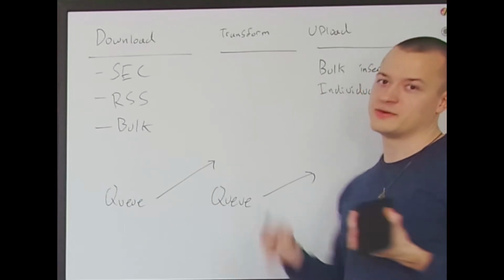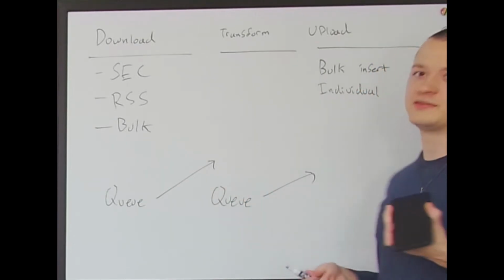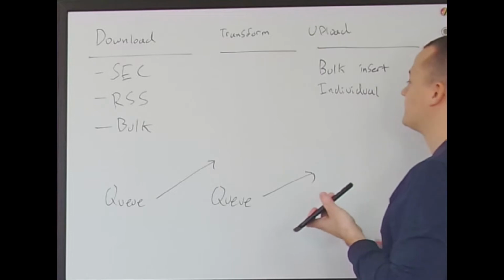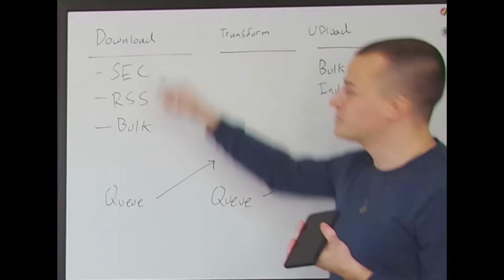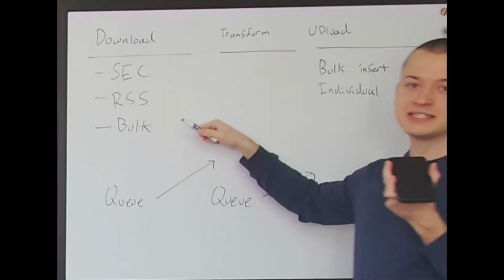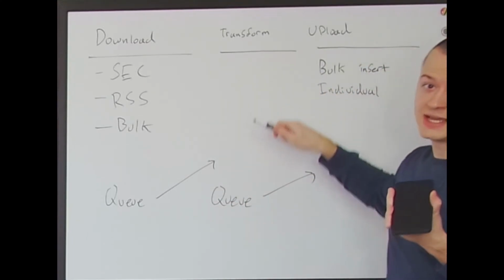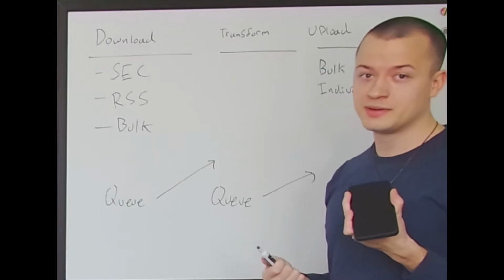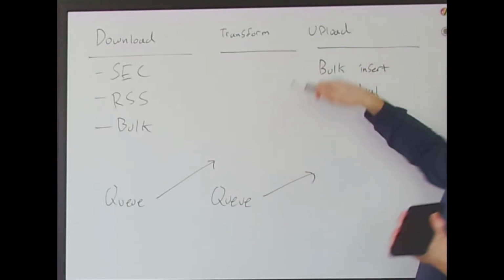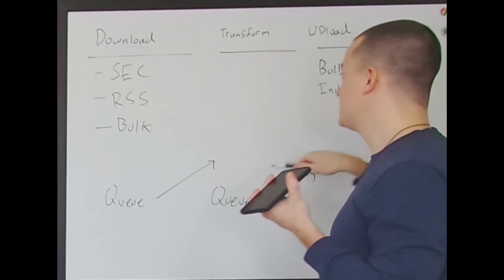So let's say, for example's sake, this might insert to the queue for 5 seconds, and this will wait that 5 seconds. And once the 5 seconds is up, it's going to process all the data in that queue.